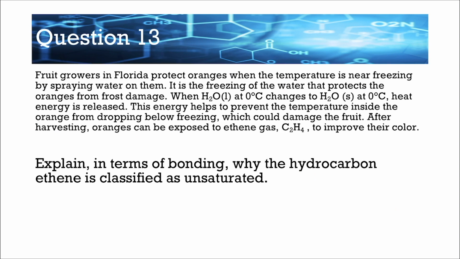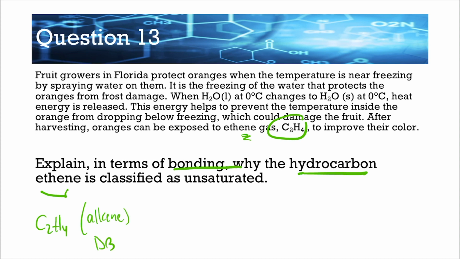Number 13, the paragraph, it's kind of small. It gives you a whole bunch of cool info about Florida and oranges. Cool. Does not matter. What does matter is, in terms of bonding, why the hydrocarbon ethene is classified as unsaturated. So there's a few ways you can look at this. Ethene, even by the name, is an alkene, which means there are double bonds present.